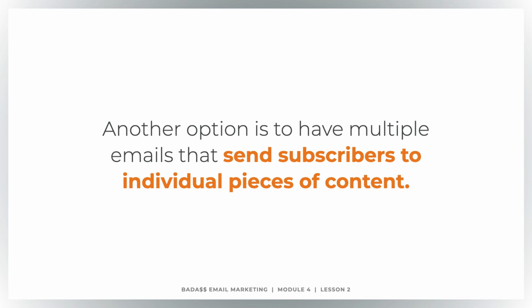I then have a separate email that talks about content and how content is important because that's one of the things I believe, and sends them to an episode where I had one of my friends on to talk about developing a content strategy. And I think there are more episodes that link to podcasts. There's one that links to episode 101 where I talked about how you can keep it simple.